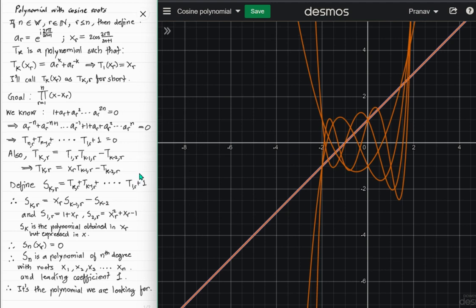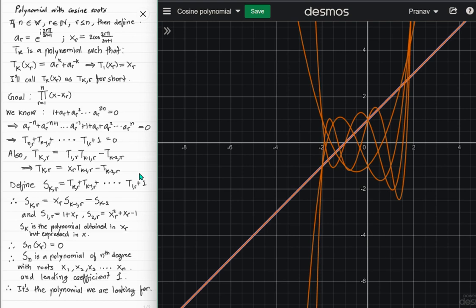Okay, so let's go for the derivation now. There's something that we do know. We know that these a sub r values are basically the complex roots of unity. Now I'm going to exclude one from the roots and take all the other roots.